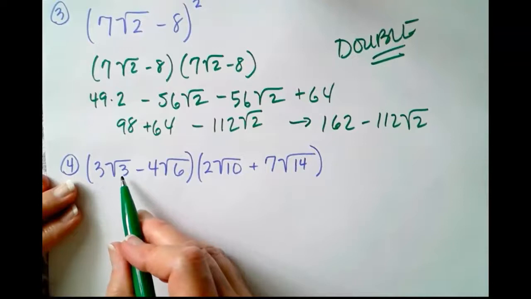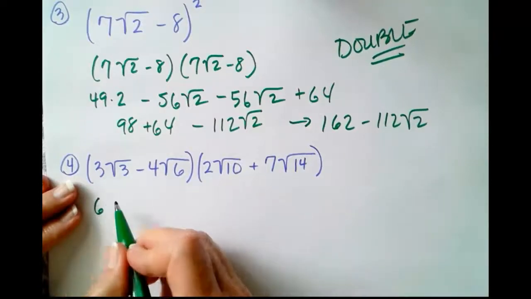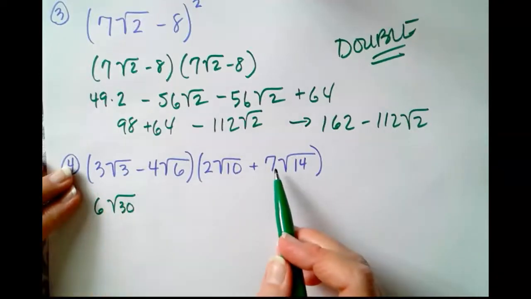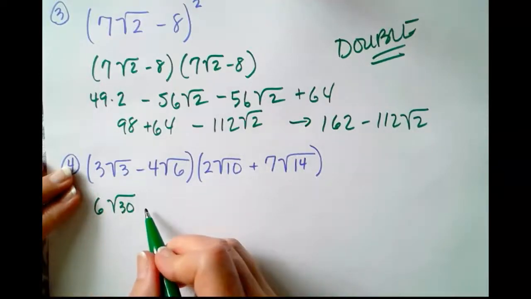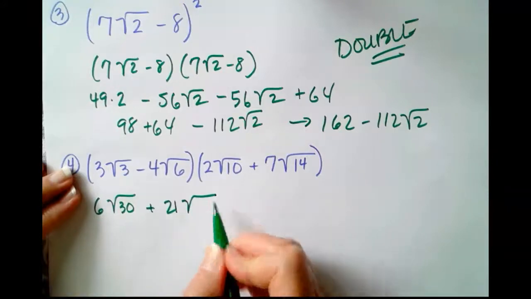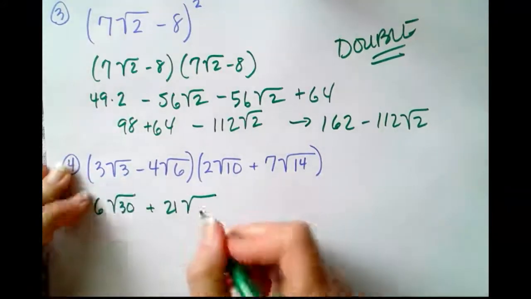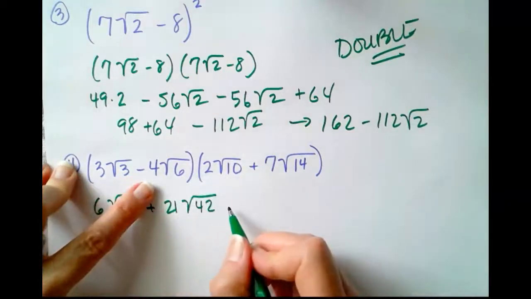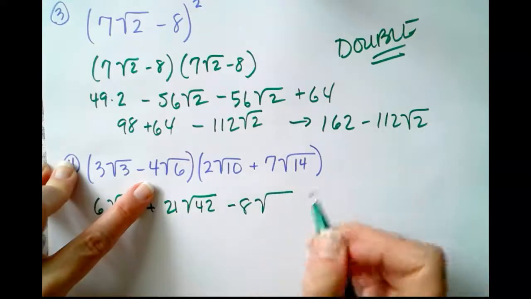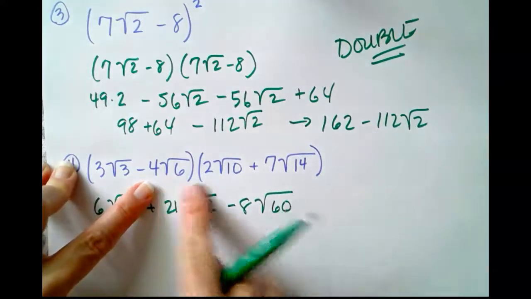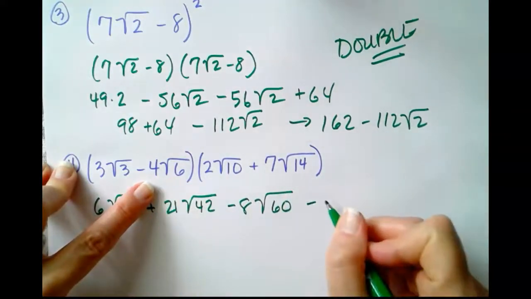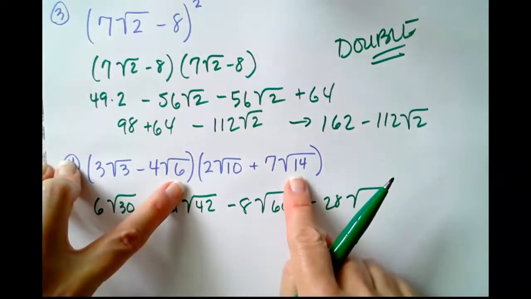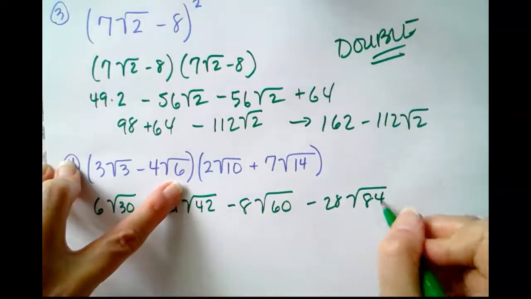So 3 root 3 times 2 root 10 is 6 square root 30. 3 root 3 times 7 root 14 is 21 square root 3 times 14 is 42. In the middle, minus 8 square root 60. And then finally, minus 28 square root 6 times 14 is 84.